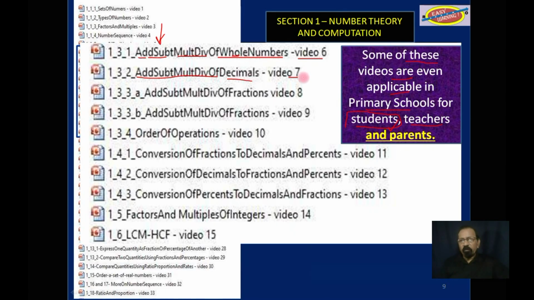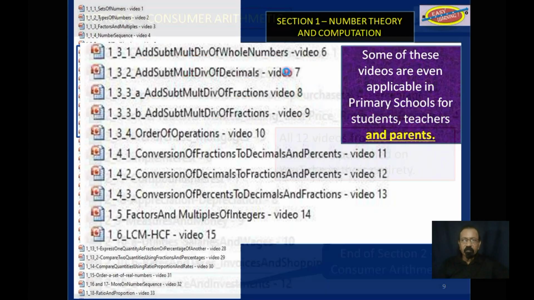That's grade 4 work. Videos 8 and 9 would be grade 4, grade 5 and grade 6 work, where you have to add and subtract fractions, that's video 8, and then multiply and divide fractions, that's video 9. So, primary school work from section 1 of the CSEC syllabus.